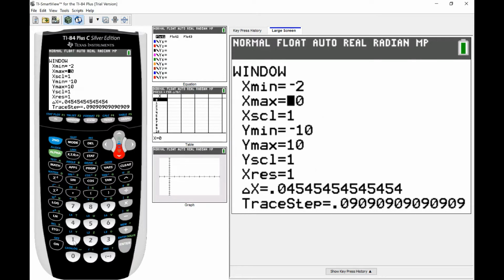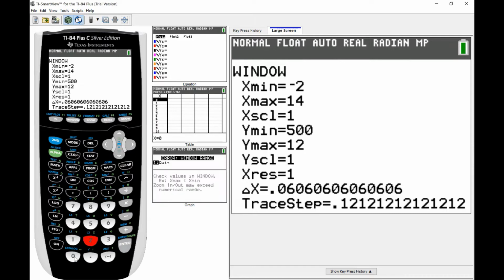X maximum, let's make it 14, because the largest X value was 12. We're going to count by ones. My Y minimum, let's make it 500 because my smallest Y value is 600. And then my Y maximum, let's make it 1200. And then for my scale, I don't want to count by ones. Let's count by 50.